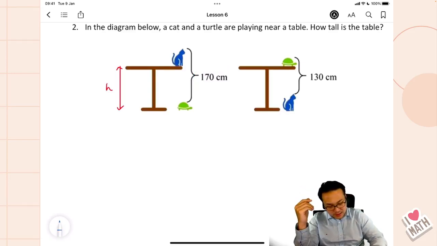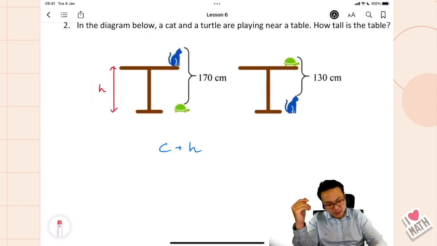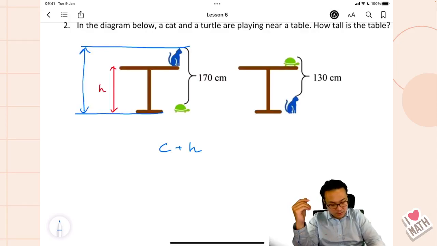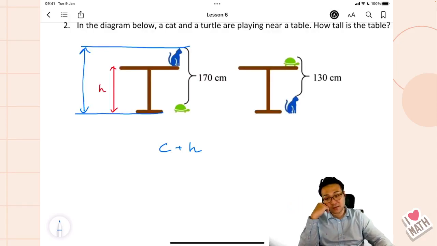If I were to take the height of the cat plus the height of the table, will I get 170? Of course not. The height of the cat plus the height of the table is already more than 170, right? Correct?